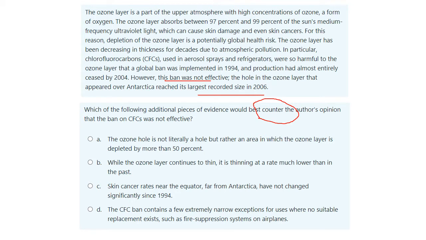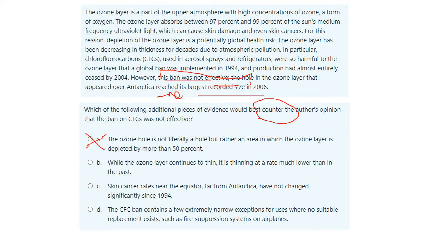Which would be against that argument? A, the ozone hole is not literally a hole, but rather an area in which the ozone layer is depleted by more than 50%. Well, "ban was not effective" is something that is negative. We're looking for something that might be positive or prove that it was effective.